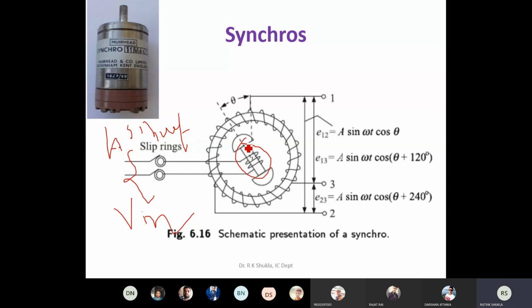Based on the position of the rotor, whenever the rotor acquires a certain position, this position is generally defined in terms of theta. This theta is the angular position of the rotor.